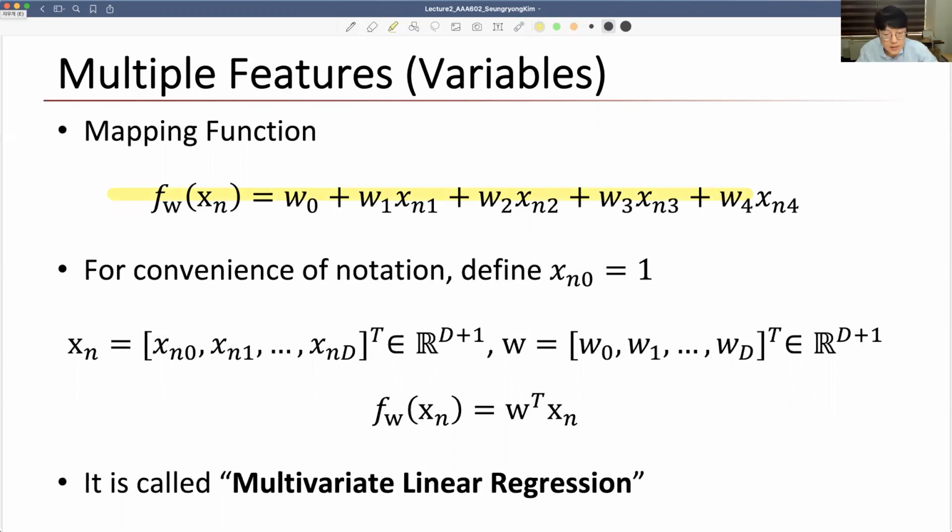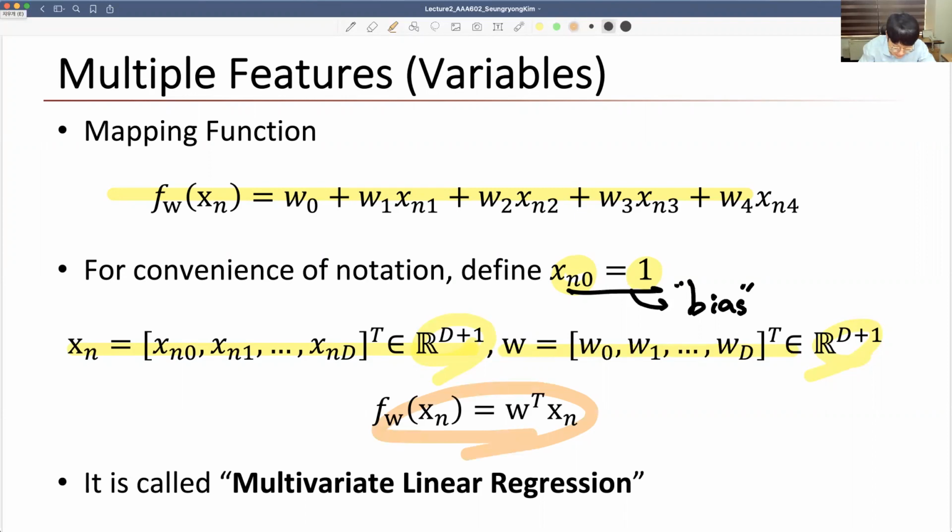So for convenient notation, we usually define x0 as 1. This term is related to the bias in the deep learning area. Anyway, then our input feature vector will look like this, which is defined in the R^(T+1) space, and the learnable parameter W is also defined in the R^(T+1) space, right? So in this case, we can simply represent our mapping function as W transpose Xn.